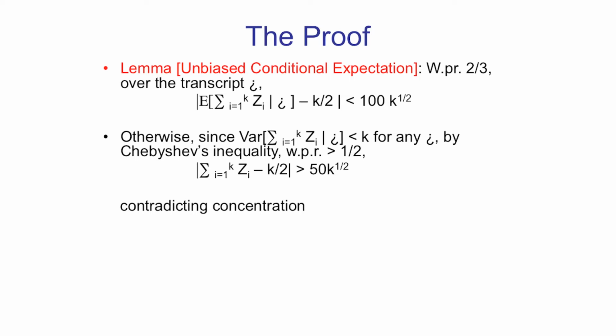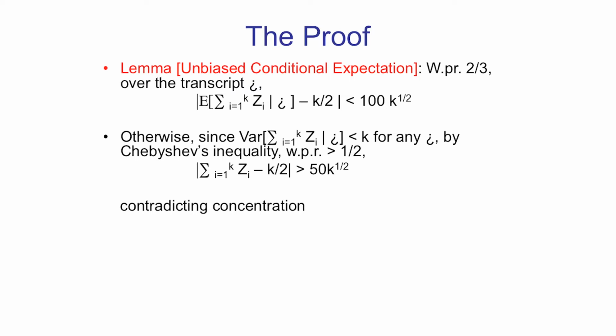So if this expectation were very far away from k/2, say more than 100 root k away, then we could sample a random transcript, which would be more than 100 root k away from k/2, and then sample a random input going to that transcript. And by Chebyshev's inequality, we're going to be within about root k of our new expectation with constant probability.